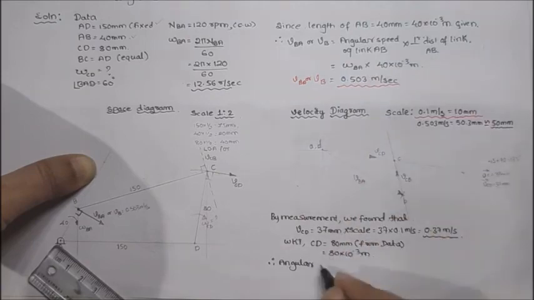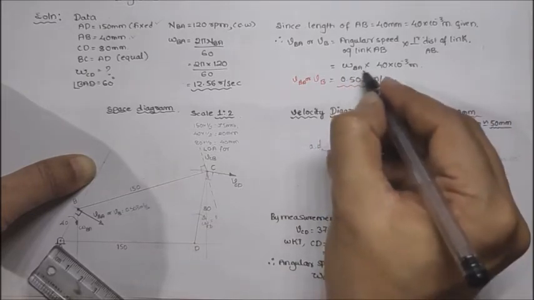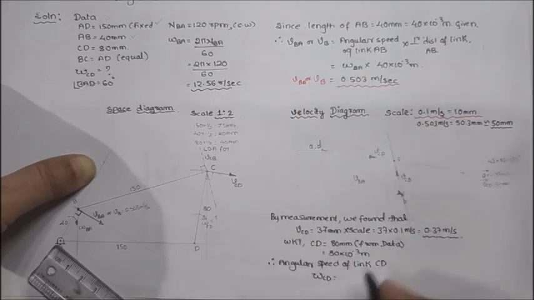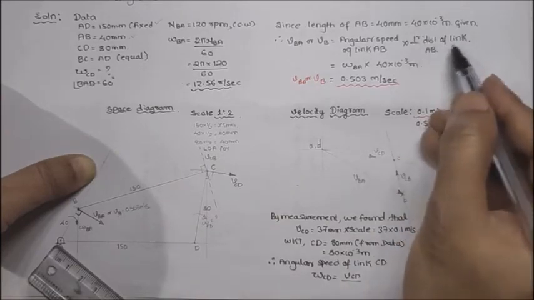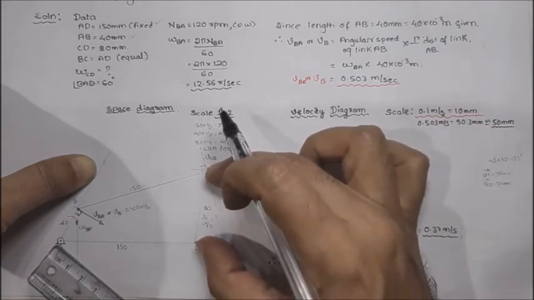Therefore, similarly, angular speed of link CD, that is omega CD, equal to velocity of CD divided by perpendicular distance of the link. So perpendicular distance of this one is 80 mm.